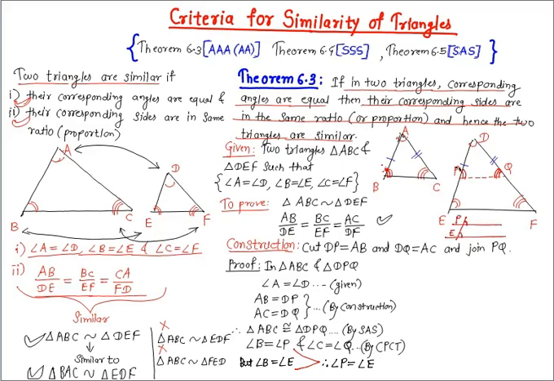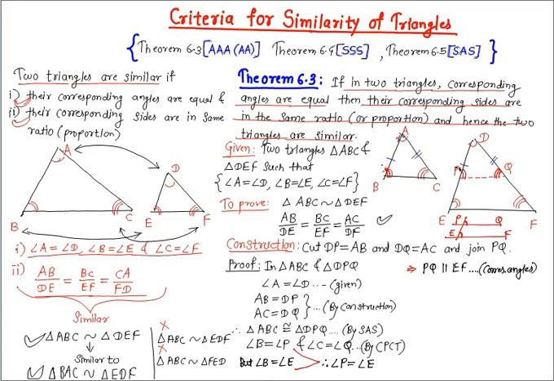And we have proved that angle P is equal to angle E. Now, since corresponding angles P and E are equal, we can say that line PQ is parallel to line EF, right? So we can write PQ is parallel to EF by corresponding angles.